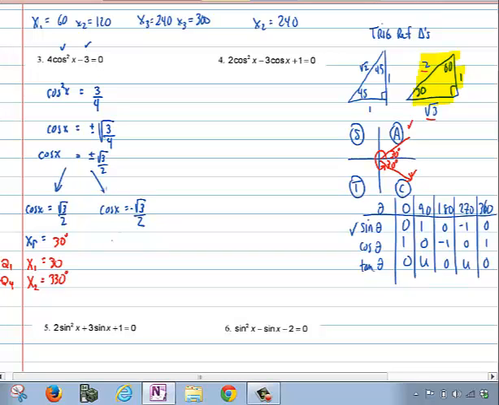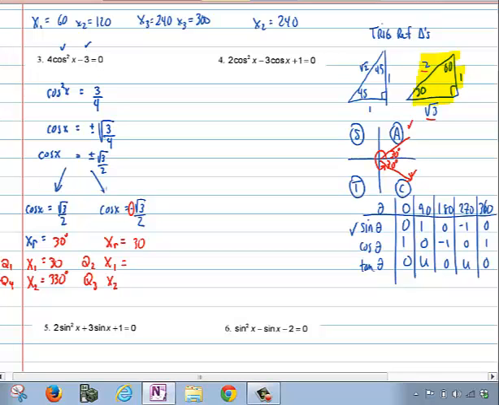Moving on to the next problem, the reference angle for this one is still the same as before. It's because the ratio of sides was root 3 over 2. And our solutions for this one, because it's negative, we're going to be in quadrant 2 and quadrant 3.